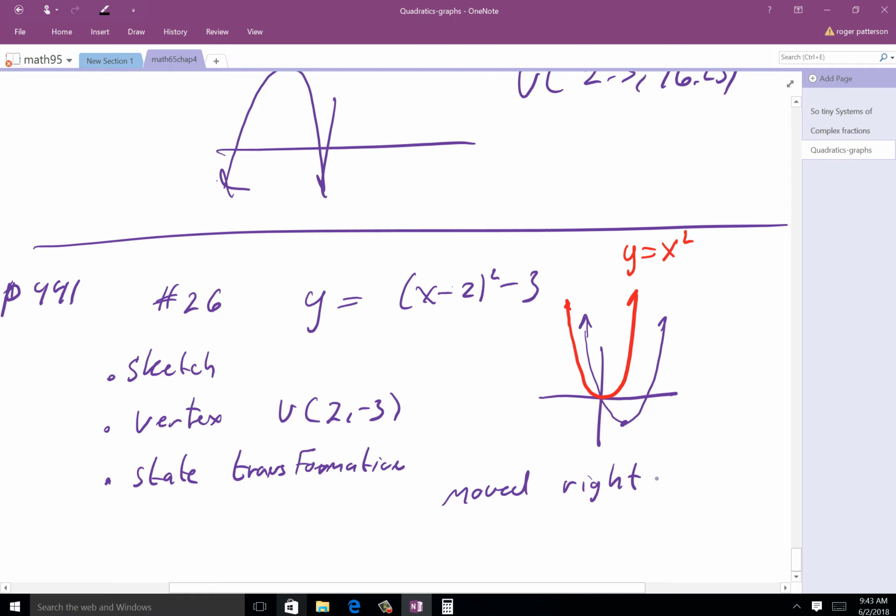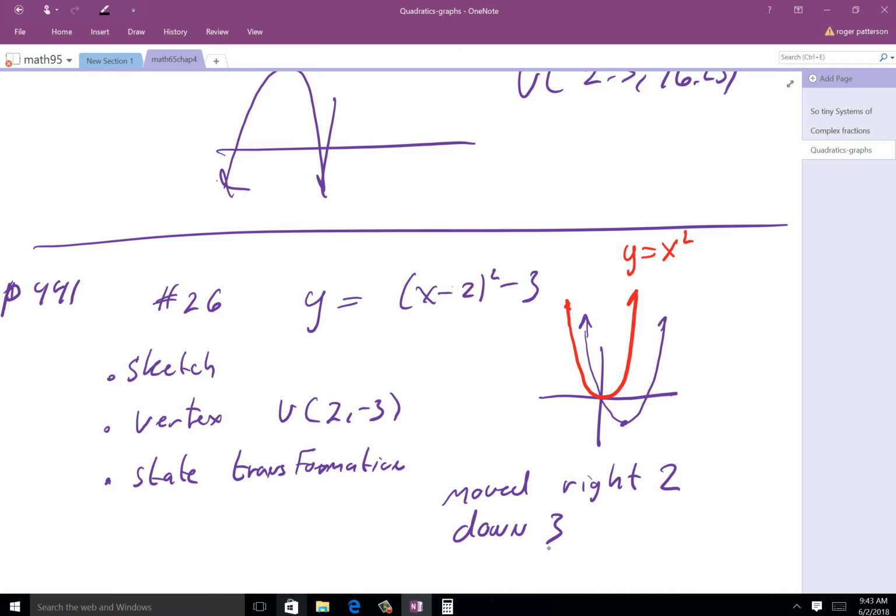How many units did it move right? 2 and down 3. There you go. That's the transformation. Okay? So we call this a translation. It just moves horizontally and vertically. But we talked about that when we did the sliders, a little bit about what that does.